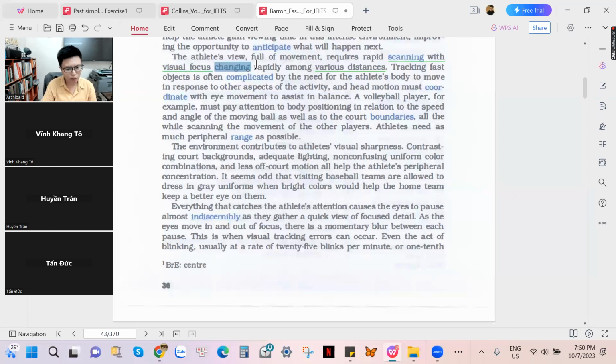Changing rapidly. What is changing rapidly? Visual focus changing rapidly. But why do they use the words changing rapidly like this? Because with visual focus, you focus by your eyes, and when your eyes move very fast, your brain is going to work on the things that your eyes see, and the brain is going to change the way that you think about things very fast.